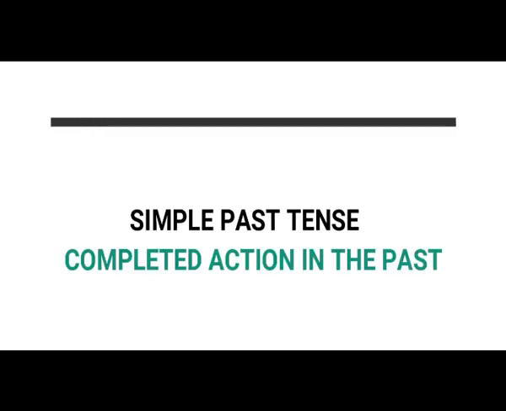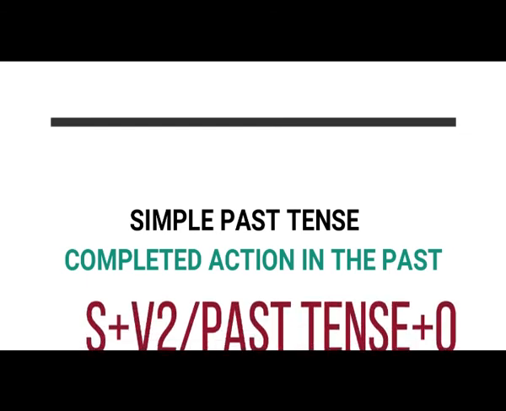Where do we use simple past tense? Simple past tense is used to show a completed action in the past, and its structure is subject plus past tense plus object.